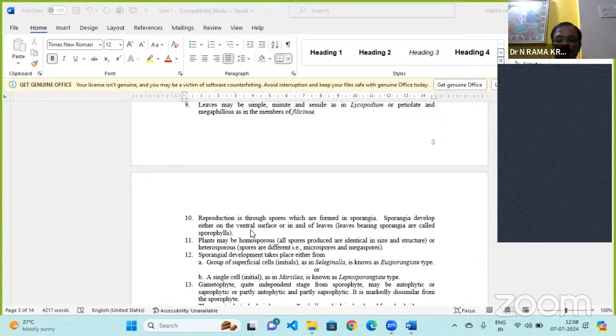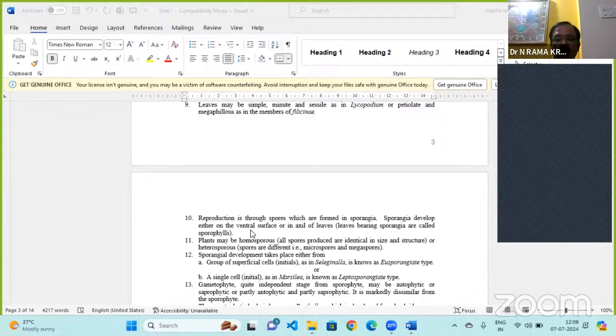These sporangia are borne either on sporophylls or in the axil of the leaves. The sporophylls along with the sporangia may be scattered throughout the vegetative parts of the plant, or may be restricted to a terminal part.